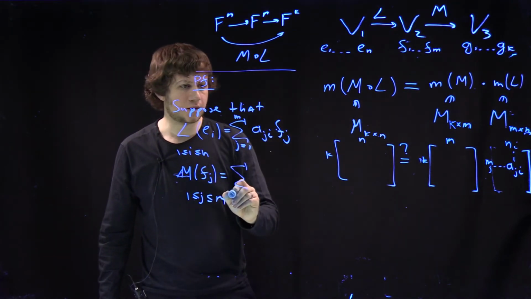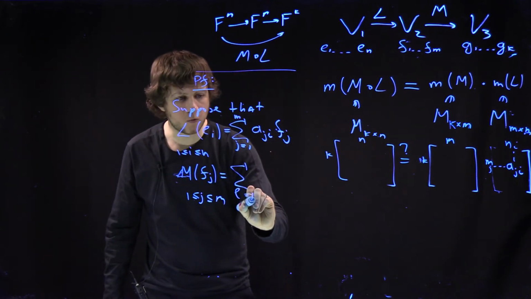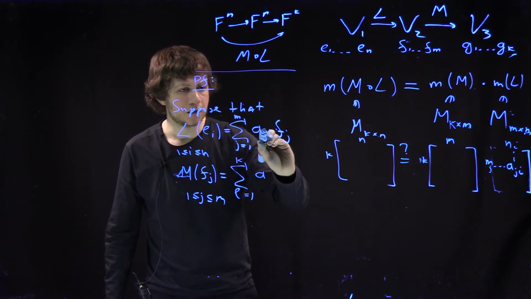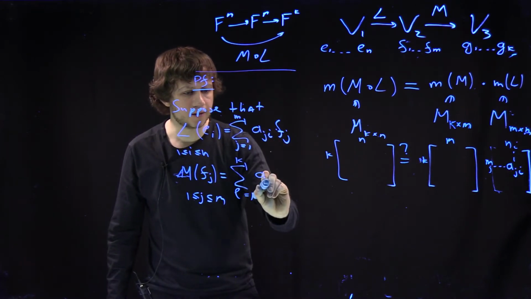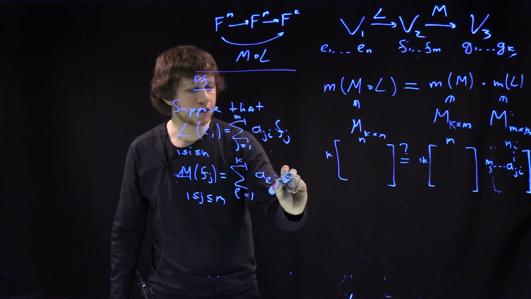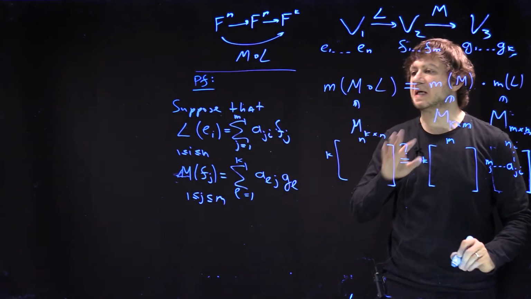J, K is already here, L from 1 to K, ALJ, GL. So you see, that's not terribly hard, but actually working with indices is confusing.